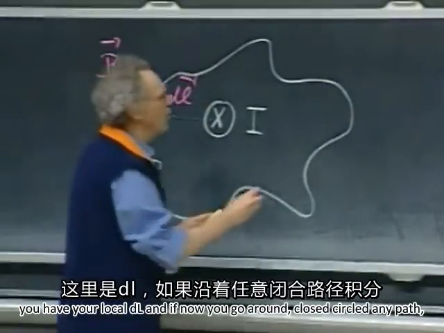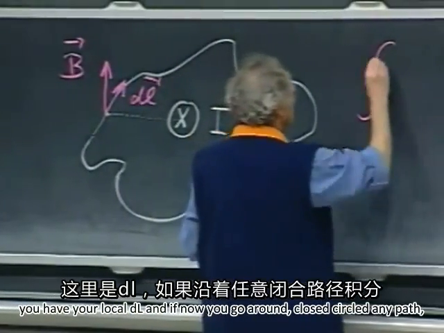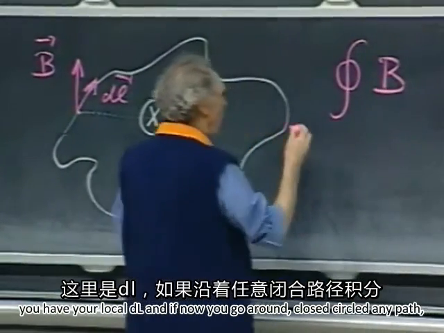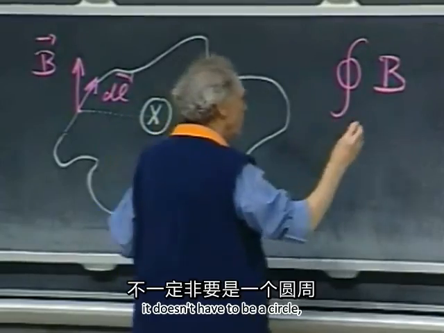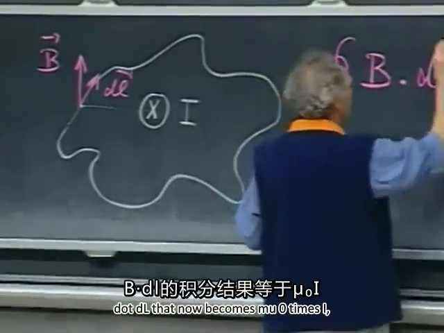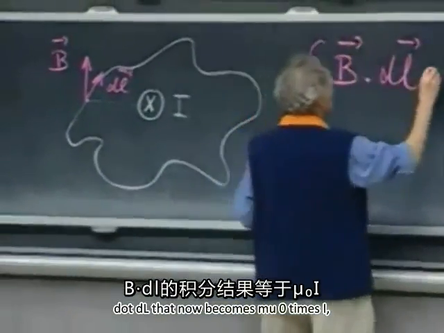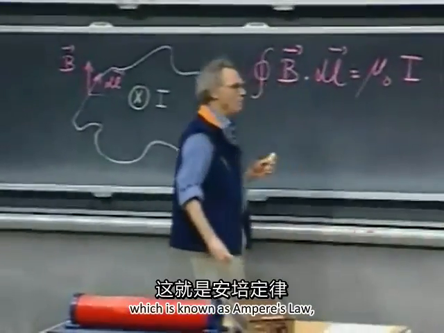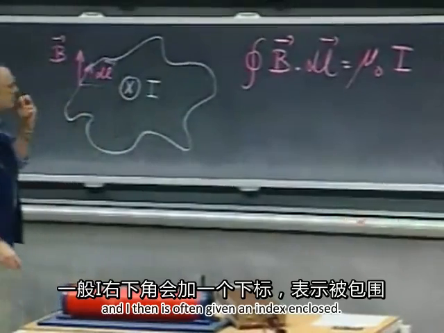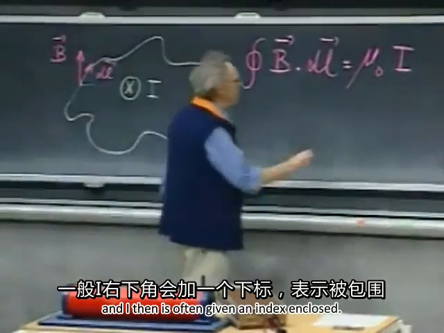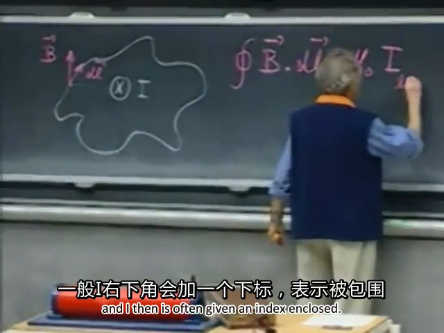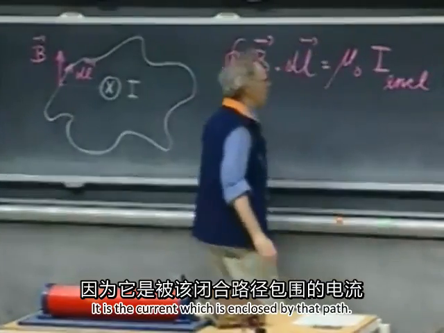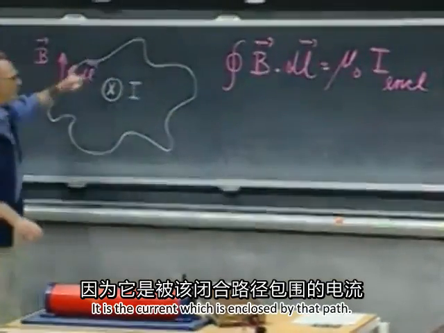And if now you go around any closed path, it doesn't have to be a circle, B dot dl, that now becomes mu0 times I, which is known as Ampere's law. And I then is often given an index enclosed. It is the current which is enclosed by that path.